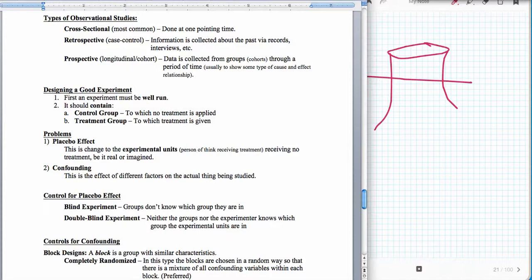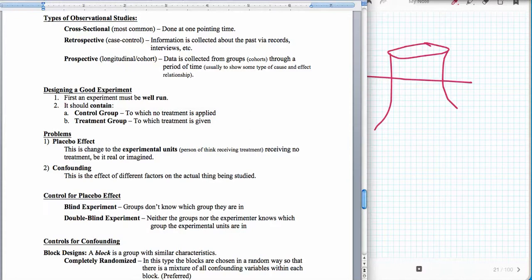They're actually given a placebo, something that they believe has a drug in it. And maybe even the doctors or the nurses that are administering the treatment believe there's something contained within the placebo. And that goes into some things called blinding and double blinding that we'll talk about in just a second.